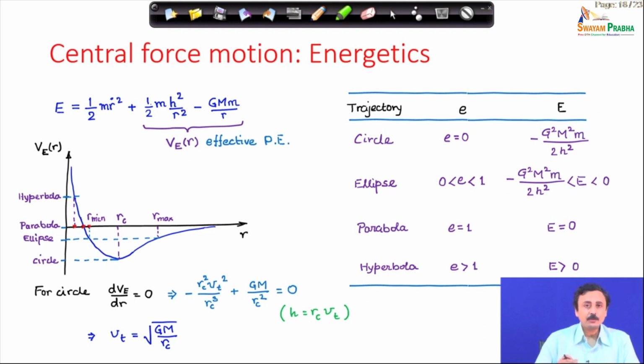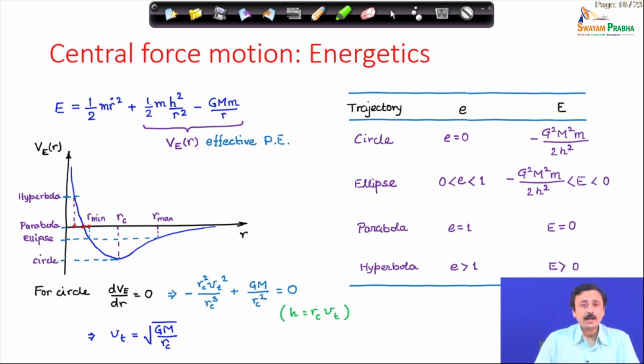For the elliptic path, if you now slightly increase the energy, but still energy is negative, then you have two intersections with the potential energy curve, and those two intersections correspond to r min and r max, which for the elliptic path are the perigee, r min, and the apogee, r max. In the case of something rotating around the sun, the perihelion is the closest point of the trajectory from the sun, and aphelion is the farthest.